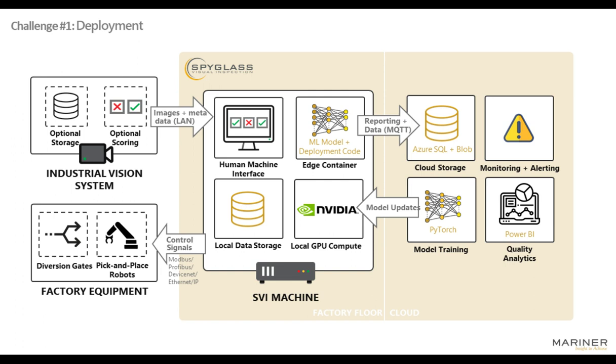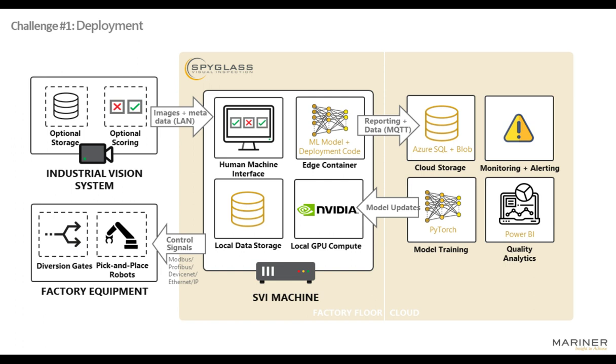And then this will kind of get us into the next challenge, but we also use a cloud component pretty heavily. Now, some manufacturers get nervous when you say cloud, and that totally makes sense to us, right? I mean, these systems cannot go down, so we can't have cloud dependency. So we don't. Our real-time decisioning happens completely on device. We use the cloud for a few things. The first one is monitoring and reporting.